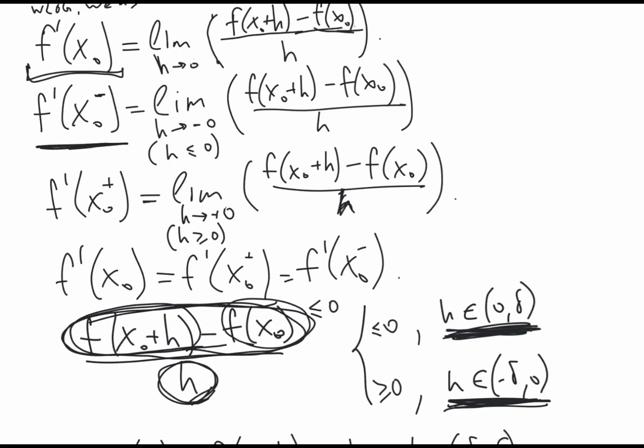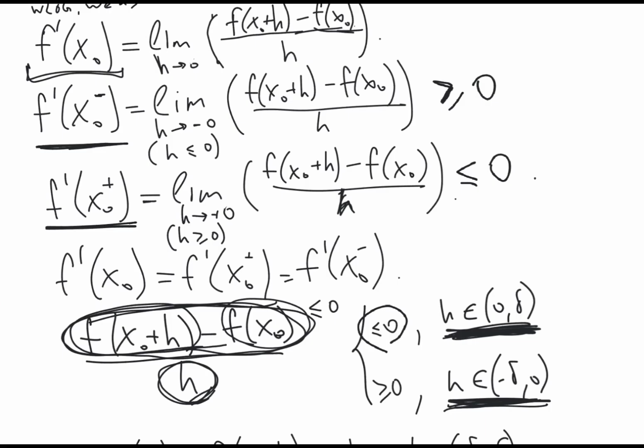Therefore this limit would be greater or equal than 0. On the other hand, when h approaches 0 from above, the right hand limit, when h is less than delta, the expression under the limit would be less or equal than 0. Therefore the whole limit would be less or equal than 0.